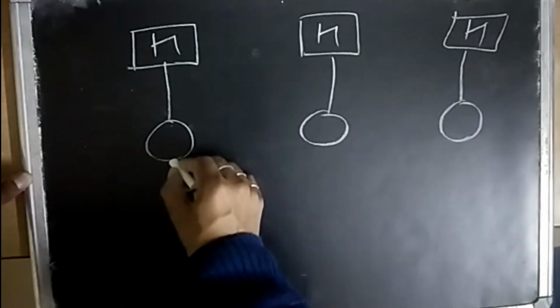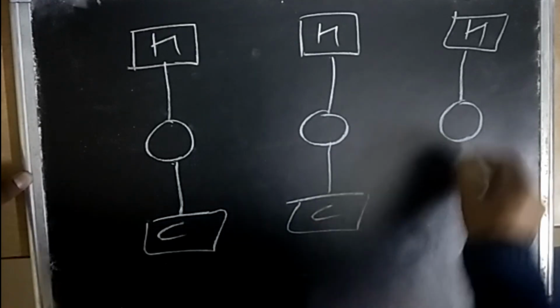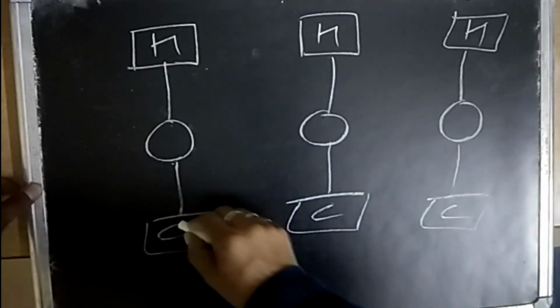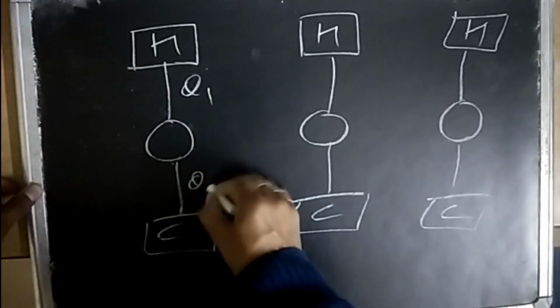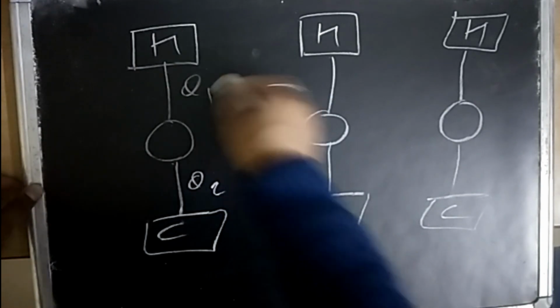three engines. This is my hot reservoir. This is my first engine, second, third. This is the cold reservoir. From hot to cold, this is Q1, this is Q2. Same way like here also, you can write QH, QC.